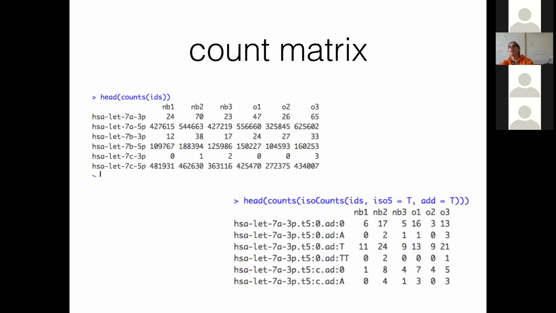The other way is to say, okay, just separate this data into 5' isomers and additions, and everything else you can put together, because I don't care about the 3' isomers or mutations, since I don't know how much I can trust mutations. So you will have a count matrix with only all the different 5' isomers and additions for each microRNA, and you do the differential expression on that, or anything you want.